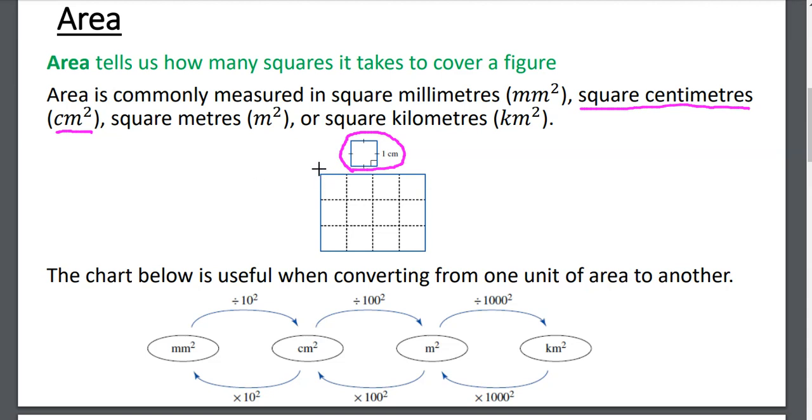So obviously this particular example here is a very nice example because we get a nice whole number, 12 centimeters squared fit exactly inside of this rectangle. But when you get to things like circles, you will pretty much see straight away that when you try to fit squares inside of this, at the edges you're going to have parts of your squares sticking outside of the circle and parts of your squares sticking inside.